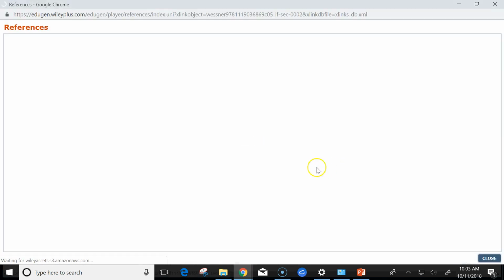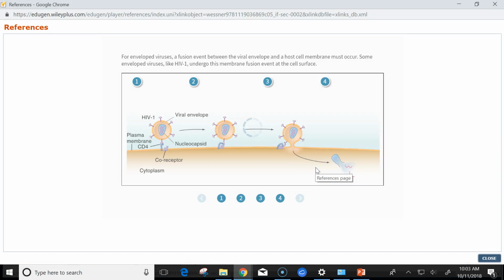The other thing that can happen, and I choose HIV for this one, is an enveloped virus. HIV is an enveloped virus, and it has protein spikes in that envelope that interact with a particular receptor on our helper CD4 T cells, which are very important in our immune system, unfortunately.